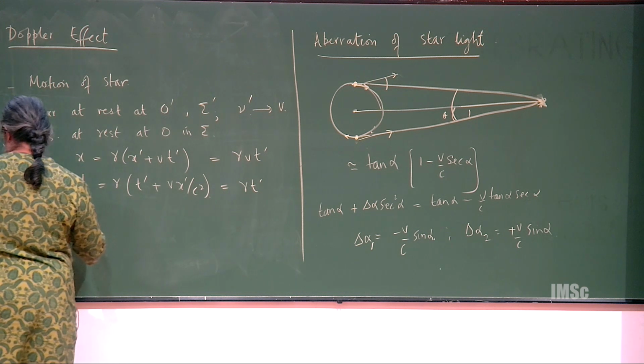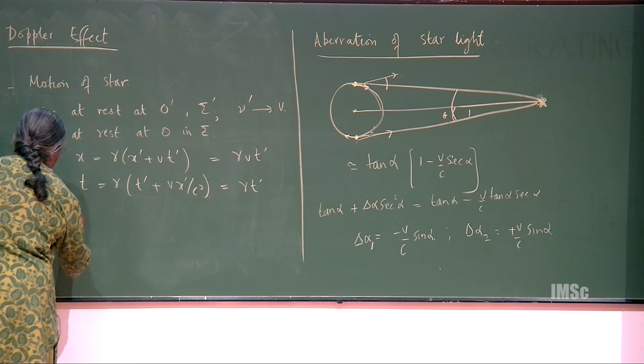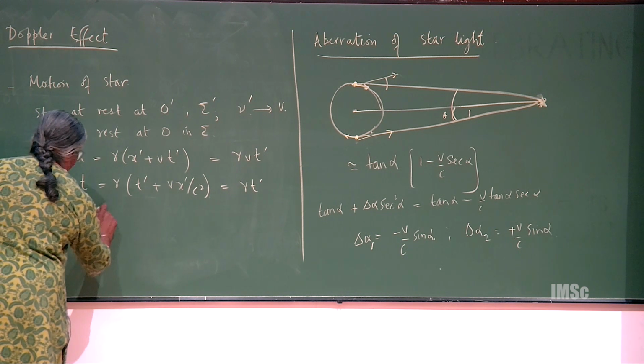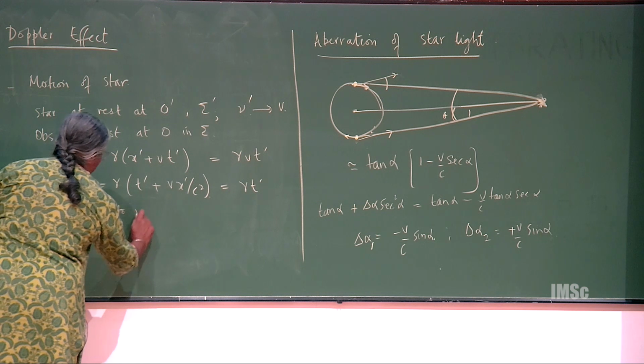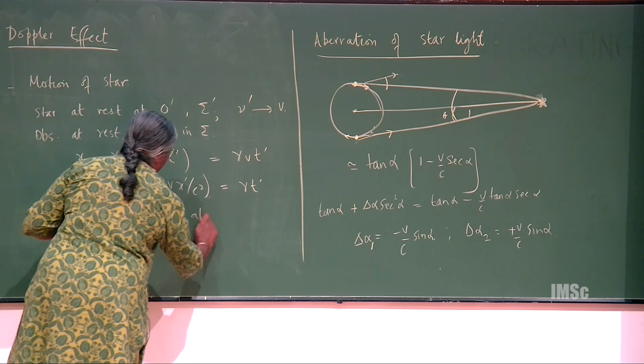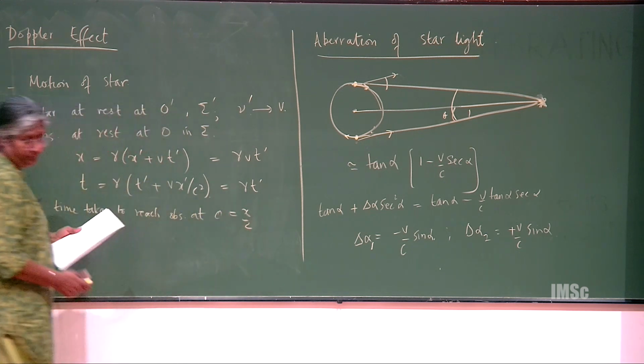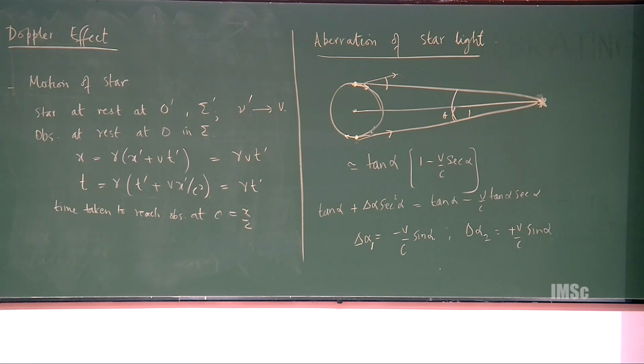The time taken to reach the observer who is sitting at O is simply equal to x by c, because the wave is moving at the speed of light, it has to reach 0 from x, so it will take time x by c, right?